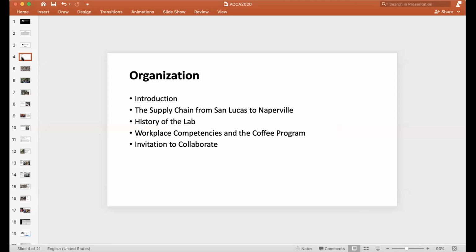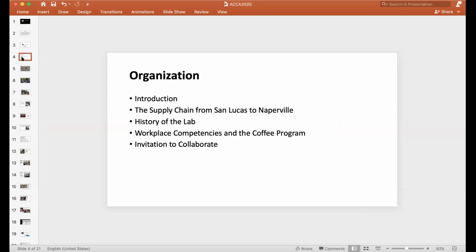So what we're going to talk to you about is, we already had a little bit of an introduction here. We're going to focus a bit on the coffee supply chain, how the coffee gets to the lab from San Lucas Toliman. That is on Lake Atitlan in Highland, Guatemala. We'll talk briefly about the history of the lab, which is really a condensed history of the coffee program here. And then we're going to move into the skills and competencies that our students are acquiring in their work with us in the lab.